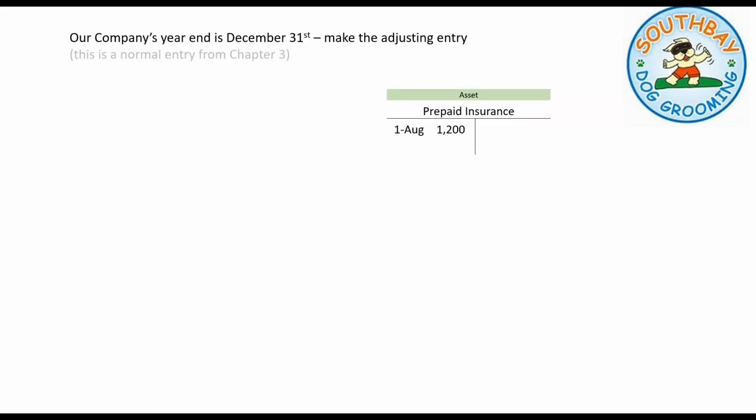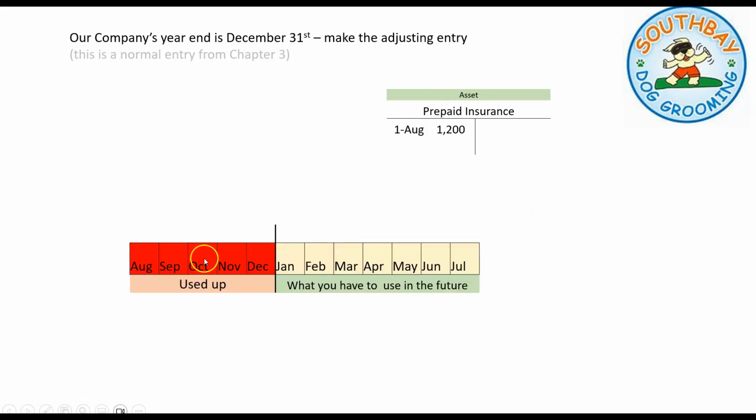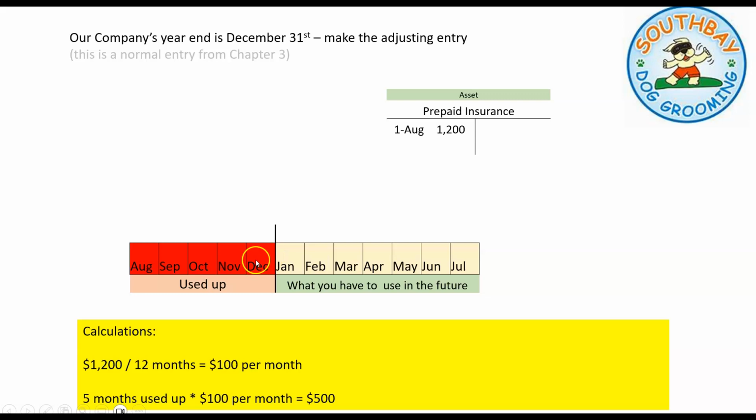All right, now let's assume it's December 31st and we're making our financial statements for the end of our fiscal year. So we look at that prepaid insurance account. Holy smokes, it still has 12 months of insurance in it. And I know we've used up a bunch of that insurance.